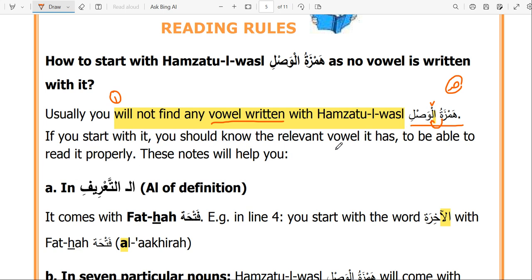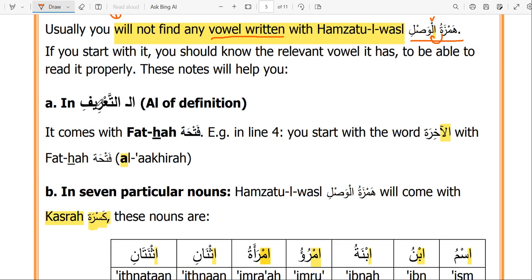Now, there are a lot of words where, when hamzatul wasl comes, a lot of times it has a fatha, and there are rules when it is pronounced with a kasra. So we will see how and when we should do that. So in laam taareef, as this is the al of definition, when you add alif and lam to some noun, it becomes definite. That's why it is called the al of definite.